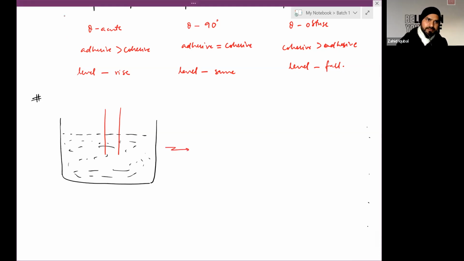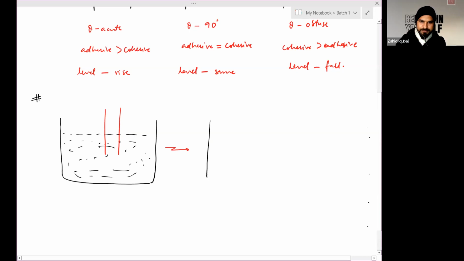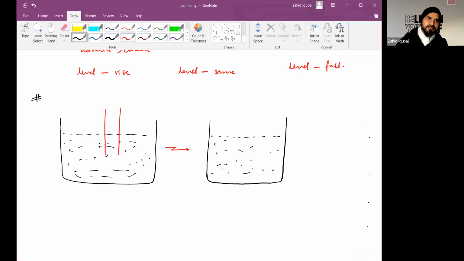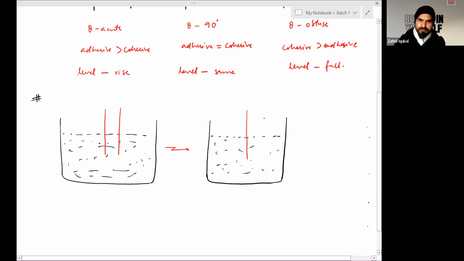So it will tend to act like this. In this case, you will say this amount of liquid has risen up.